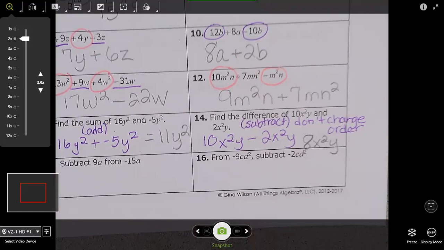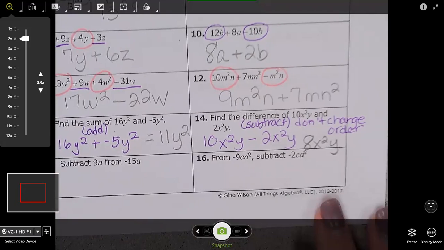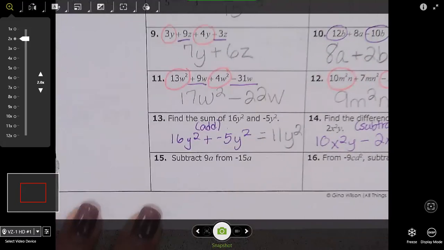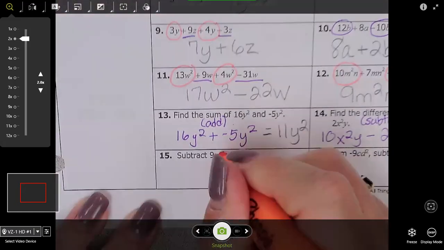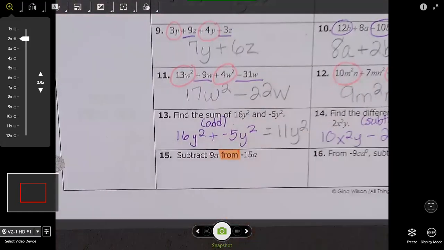But sometimes you're going to see a problem like number 15. Okay, so number 15 says, and it has this bad word in it, from. So it's saying, I'm going to subtract 9a from the 15a.